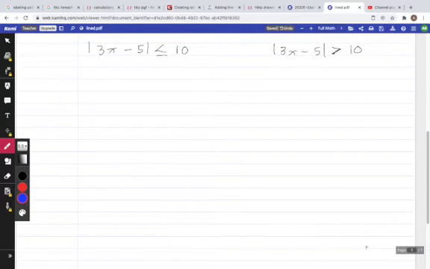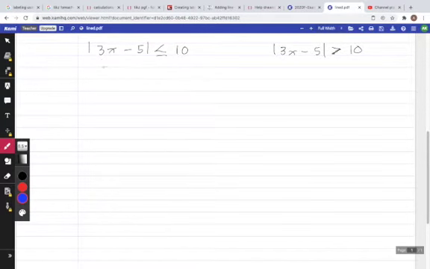Now let's look at our inequalities real quick, because they are similar in the fact that we're going to have to first have our absolute value by itself, so this means that we can't be multiplying anything to the absolute value. We cannot be subtracting or adding anything to the absolute value. But once we have it like this, we then need to get our setup done.